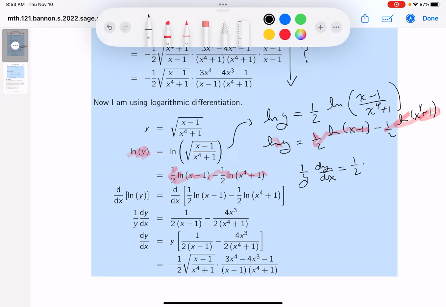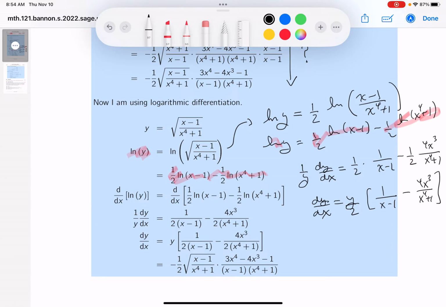It's 1/2 times 1 over x minus 1, minus 1/2, and that would be x to the fourth plus 1, chain rule, that would be 4x cubed. And a lot of teachers would simply say, oh, what's dy dx? Let's write this down. It's equal to y over 2, pulling out the half, times 1 over x minus 1 minus 4x cubed over x to the fourth plus 1.